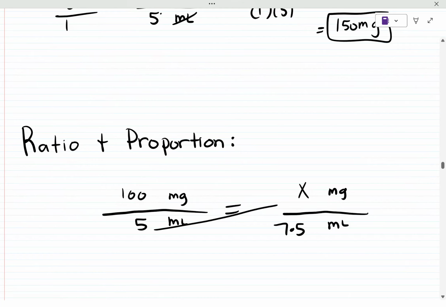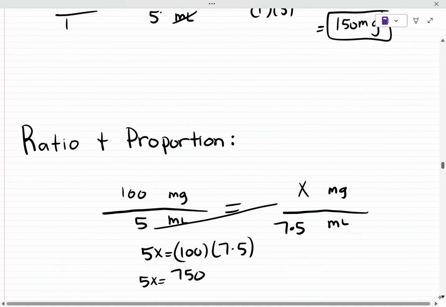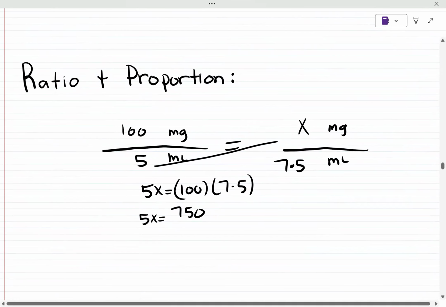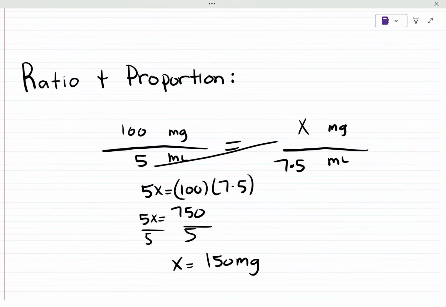Cross multiply, this is going to be 5x equals 100 times 7.5, which is 750. Divide this by 5, I get 150 milligrams.